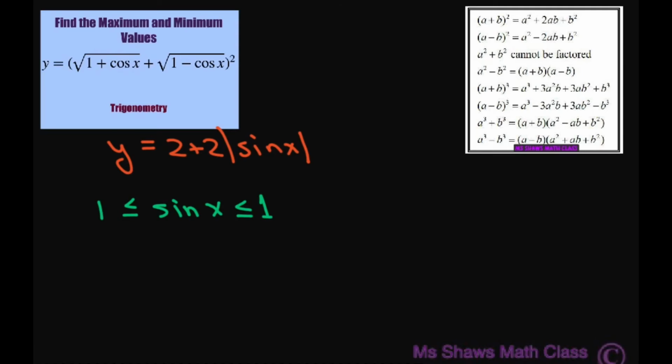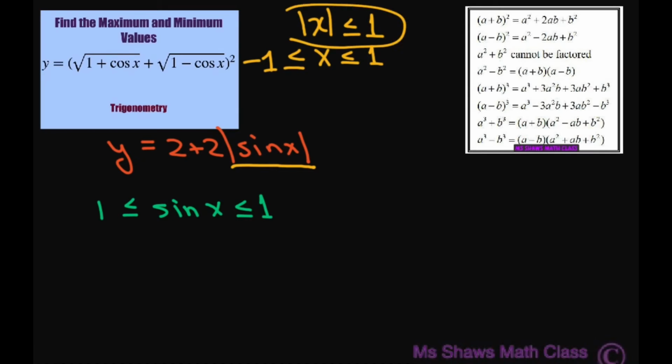So basically, if you do absolute value of, say, x, that means it's less than or equal to 1. By definition, that means x is less than or equal to 1, but greater than or equal to negative 1. So I'm going to write it this way, but I'm going to leave it with the 0.